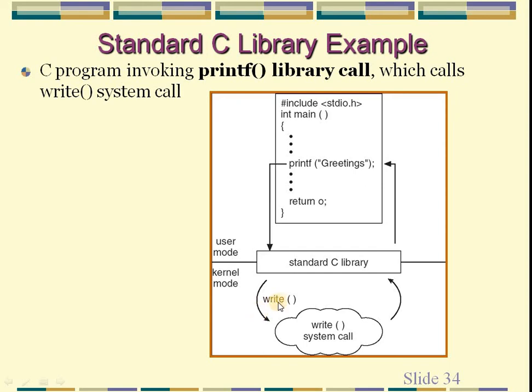Once the printf statement enters kernel mode, it has a number which is identified in the table index. The write system call is implemented and returns the status, which is again transferred to user mode.